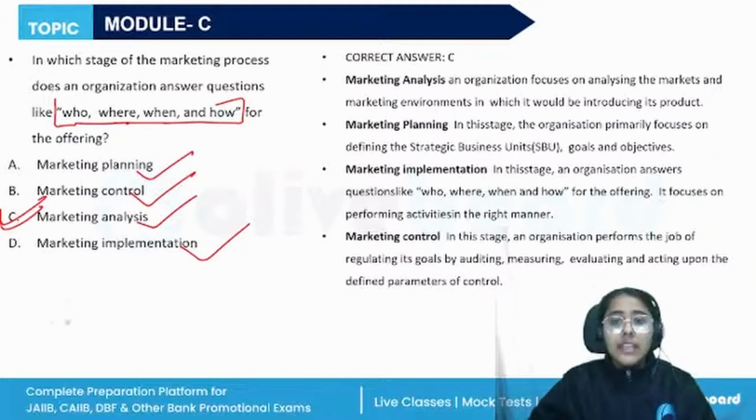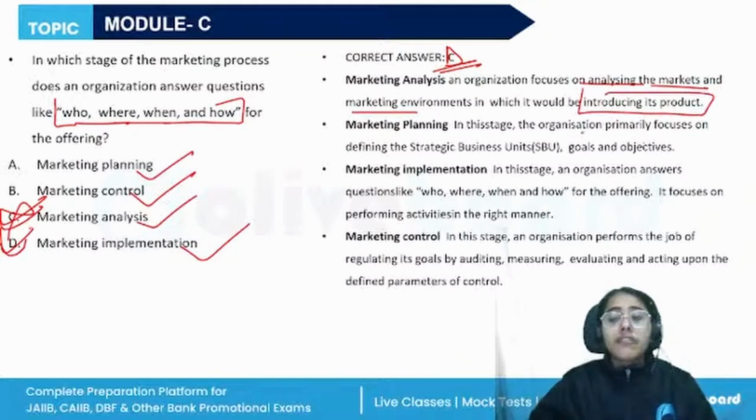Marketing analysis in an organization focuses on analyzing the. Actually, the correct answer will be option D, not C. It will be option D. Marketing implementation. Marketing analysis focuses on analyzing the market and marketing environments in which it should be introducing the product.